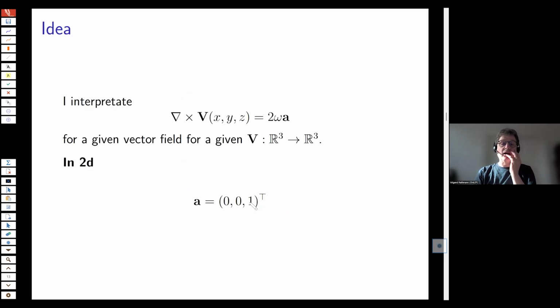And now I go back and I say, okay, if I have an arbitrary vector field V, then I interpret the curl of V as a representation of 2 times omega with respect to a certain rotation axis A. And if we have this in mind, we would expect that this rotational axis will change in every point in space.